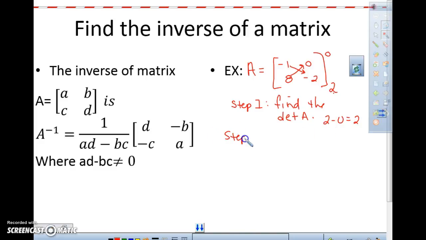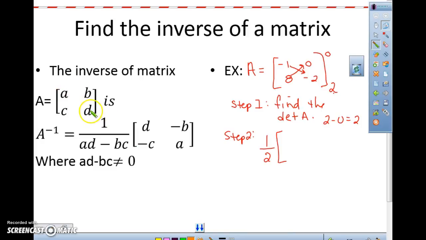Step 2 is to put it in the formula. So we're going to have 1 over the determinant. I'll give you a minute to write it down.